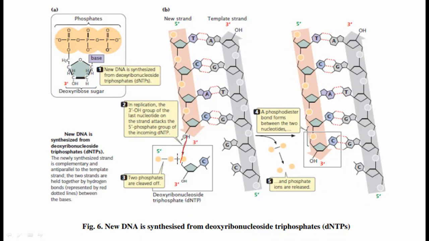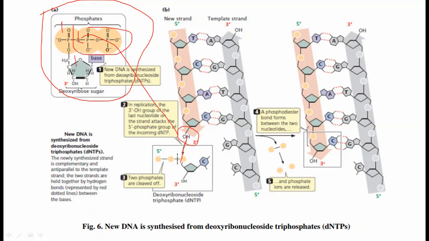As we have here dNTP as a raw material where there are 3 phosphate groups, this free 3-OH group attacks the phosphate, releases the 2 phosphate groups, and then it is left with this phosphate, this sugar, and this base, and it makes a nucleotide. So the nucleotide gets added to the 3-OH group. This is how the DNA synthesis takes place. Is that clear?